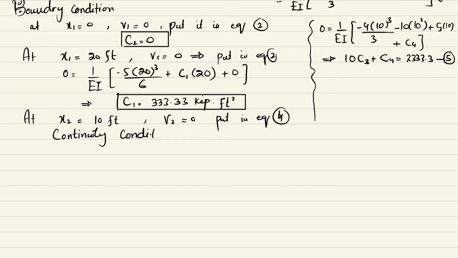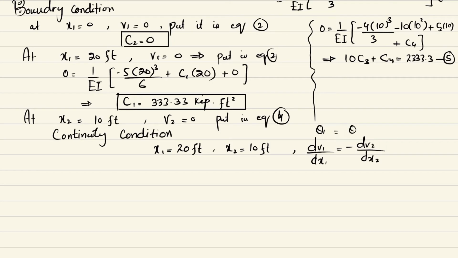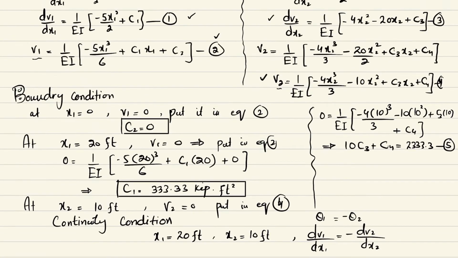You can see that x1 is equal to 20 feet or x2 is equal to 10 feet, at both the same point. So we have dv1 over dx1 is equal to minus dv2 over dx2. It means slope 1 is equal to slope 2, with a minus sign.